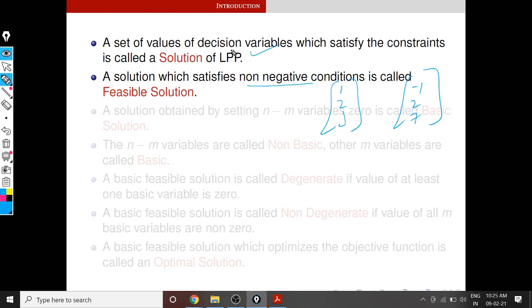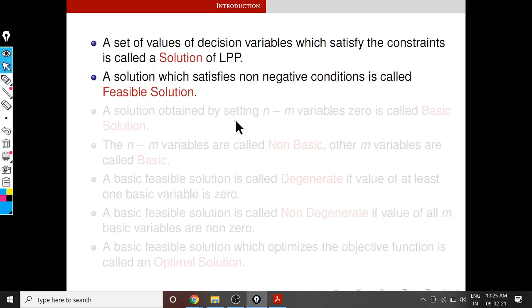The first is a feasible solution, but the second is not, because here one variable is negative. Here all the variables are non-negative, so this is a feasible solution. The other is a solution but not feasible, because it does not satisfy our non-negative restriction.